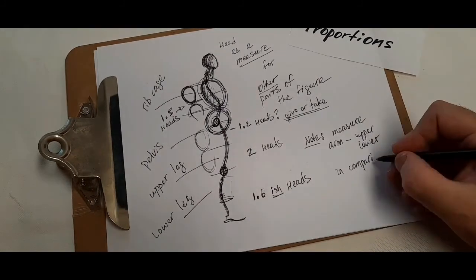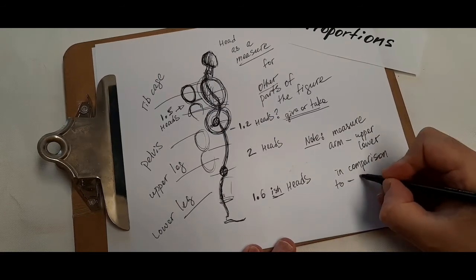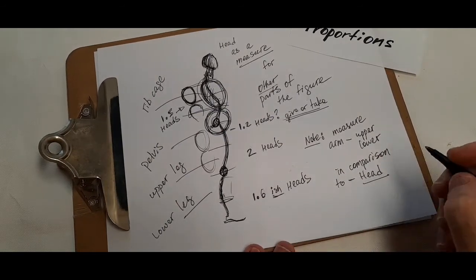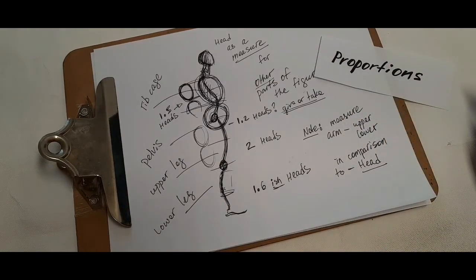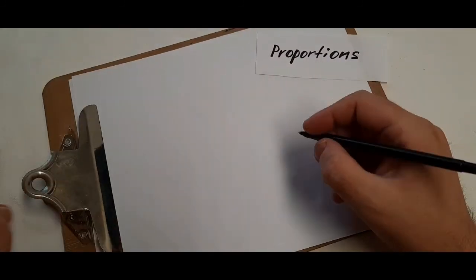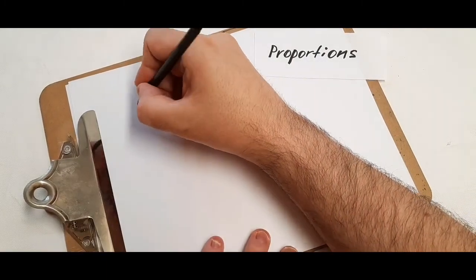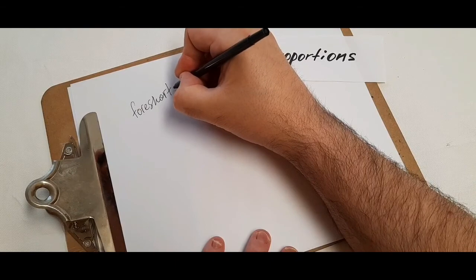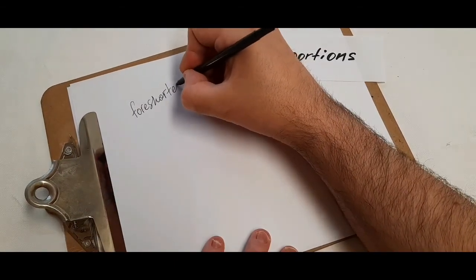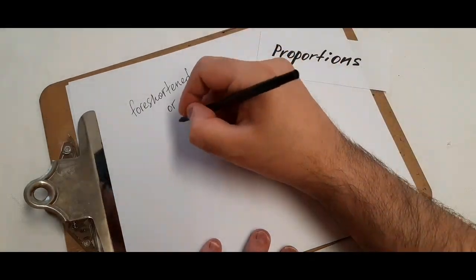I'm writing a note, measure the arm, suggesting that you measure the arm in terms of how many heads will fit into the upper arm or the lower arm. Another aspect of proportions. Proportions are segments, portions, measures that are balanced well.